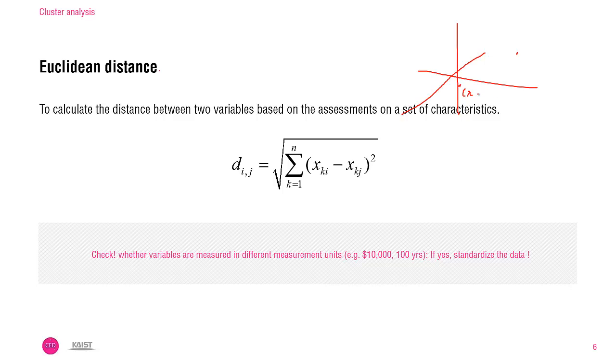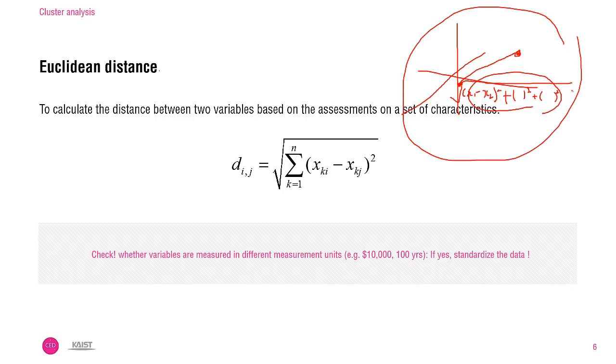You take x1 minus x2 and square it, plus the y difference squared, plus the z difference squared, and then you calculate the square root of this sum. When you calculate the distance between this point and this point in x, y, z space, that's actually how it works here.